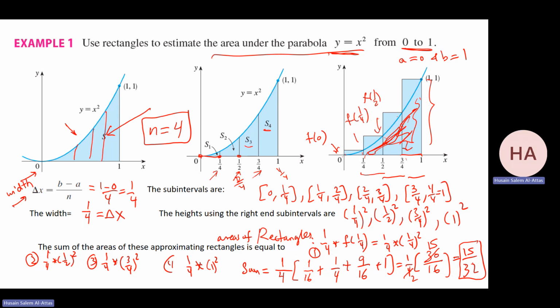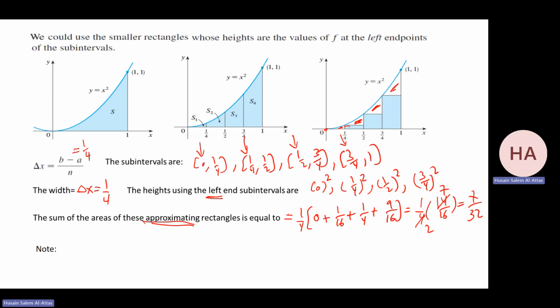This one they call the lower sum. So notice, 7/32 is less than the actual area, and the actual area is less than 15/32. So my correct area is a value between these two, which later we will find using the integral. I hope it's clear.